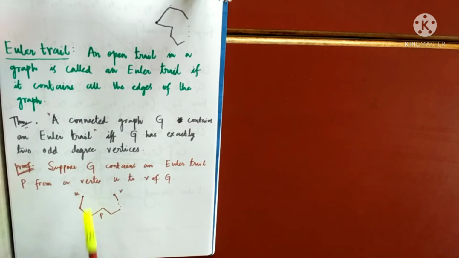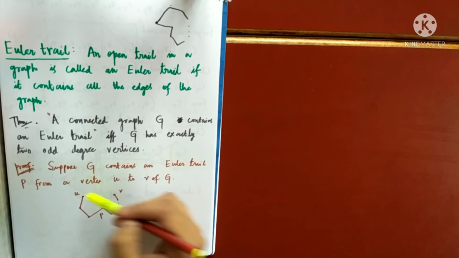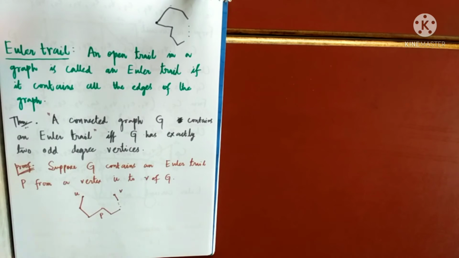So this P contains all the edges of your graph G, from a vertex U to another vertex V.